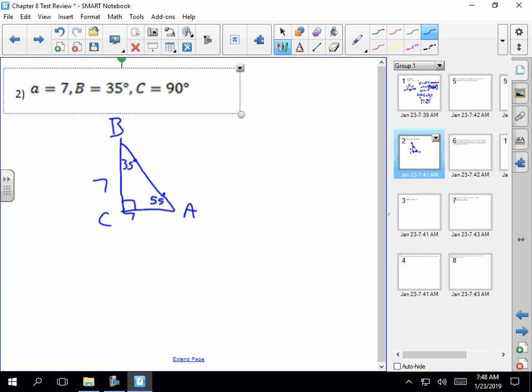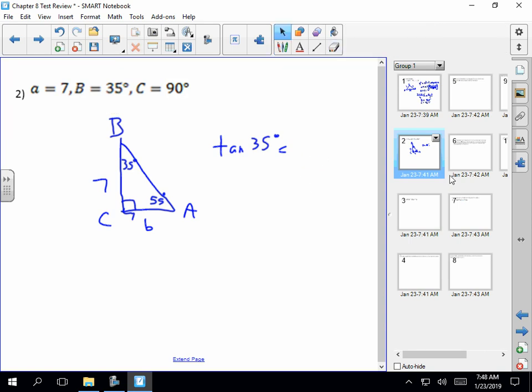And then we can use just right triangle trig, like tangent 35 degrees will equal opposite. Call opposite little b, it'll be over here, over 7.